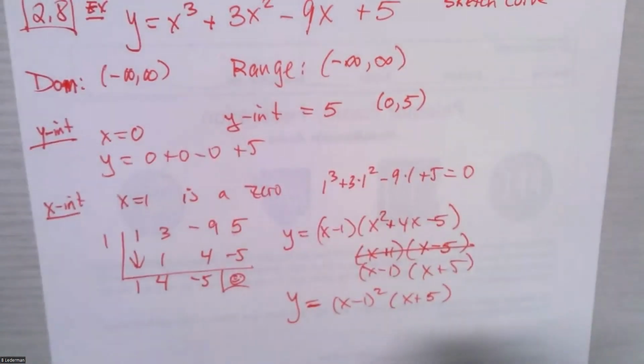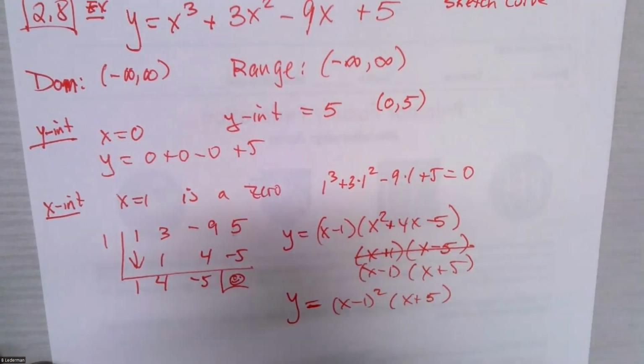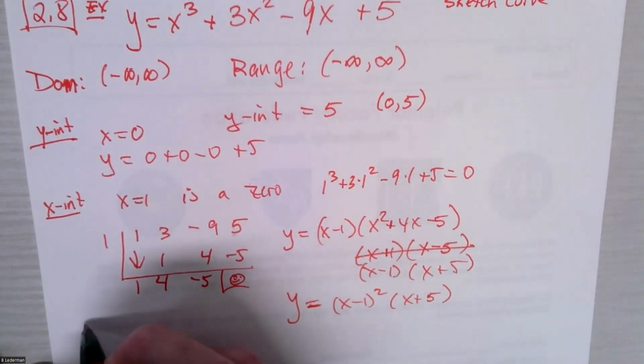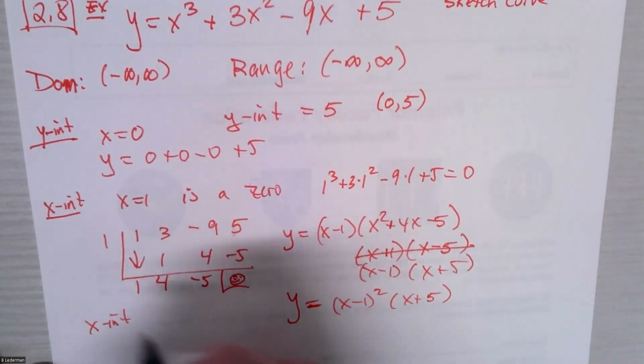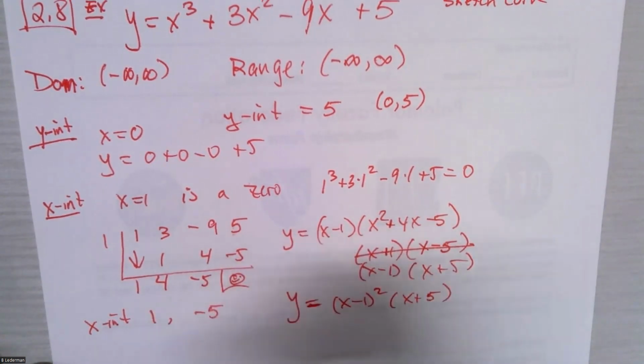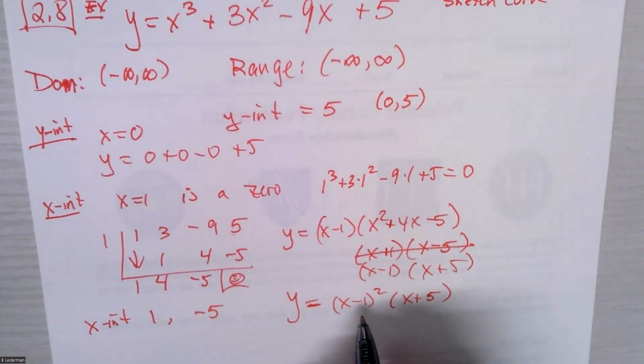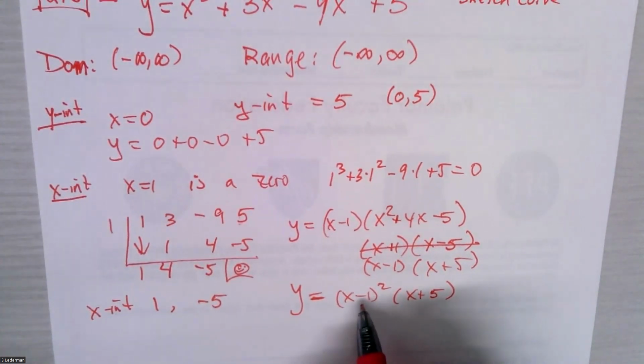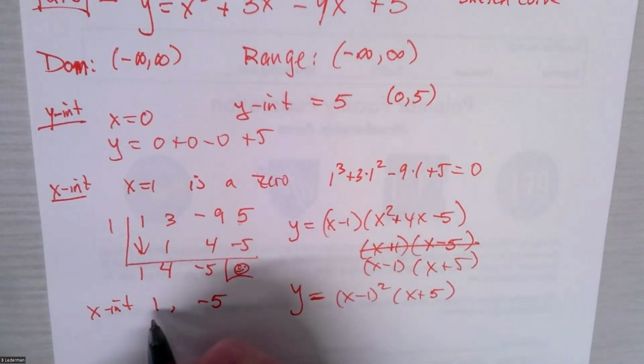So the x-intercepts are 1 and negative 5. And we also know from algebra that since this factor is raised to an even power, the function hits the x-axis when x equals 1, but it bounces.